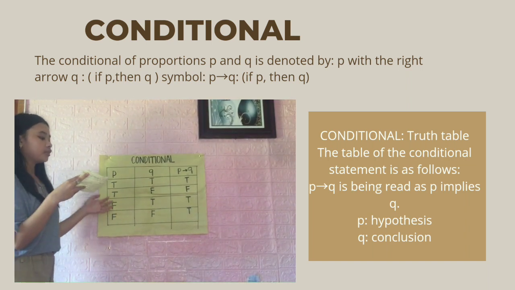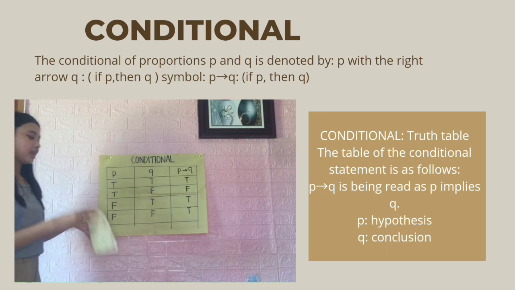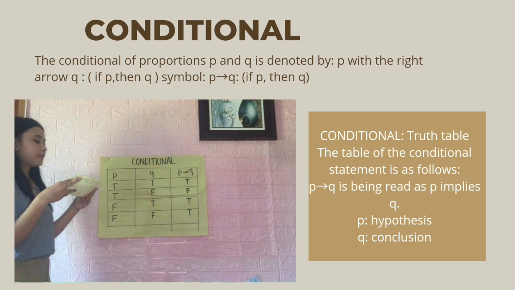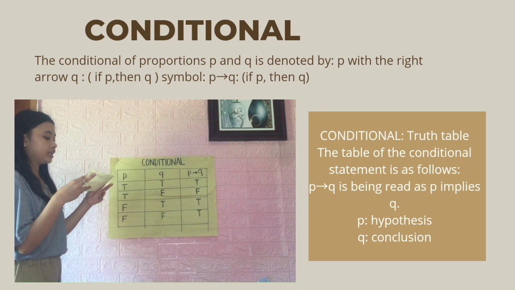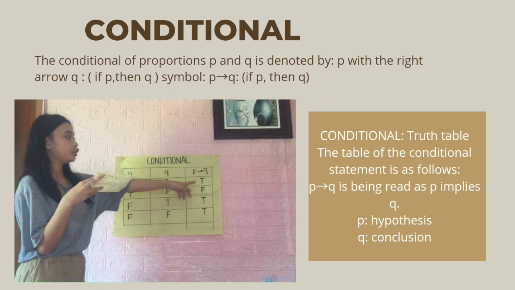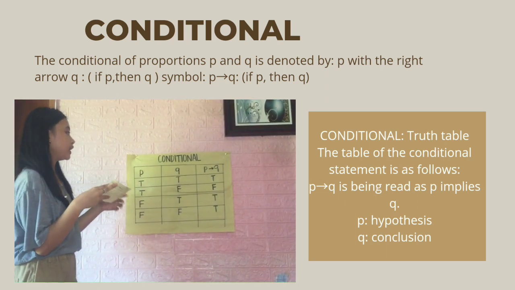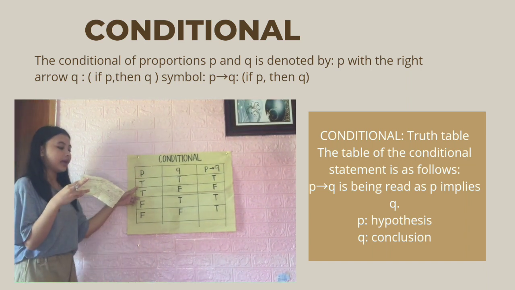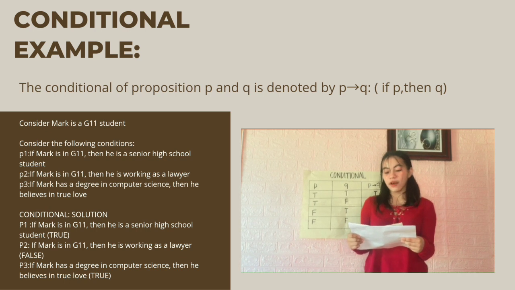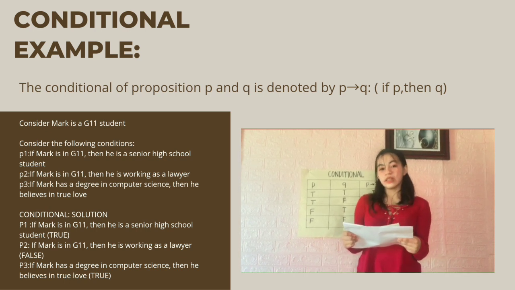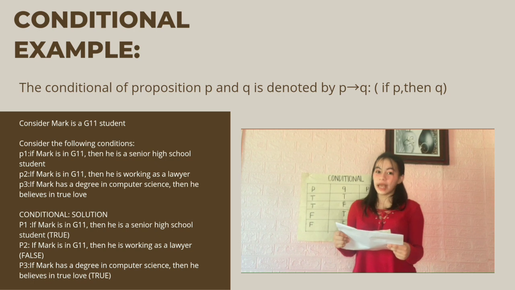The table of the conditional statement is as follows. P implies Q is read as P implies Q. So P is the hypothesis and Q is the conclusion. An example, the conditional of propositions P and Q is denoted by P implies Q.